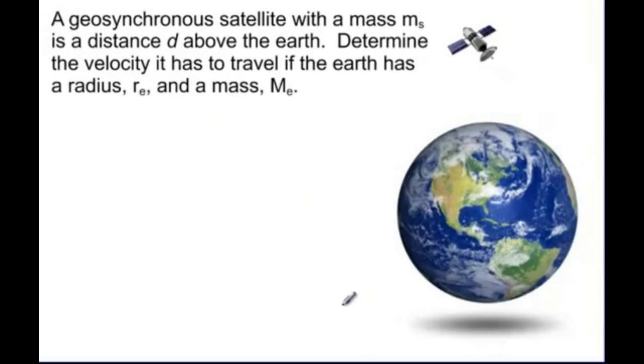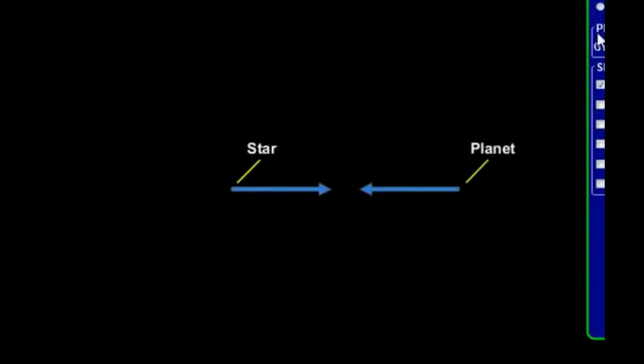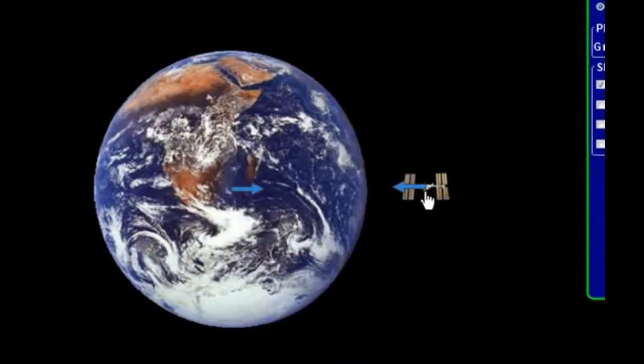But this also works with satellites. Let me give you a nice little picture of the Earth and a satellite. Now, this is what it looks like in scale, the Earth and a satellite. Satellites are really, really small, but you can see the force vectors are equal and opposite. Whether the satellite is far away, the force vector gets smaller. If the satellite's closer, whoa, I just blew it up.